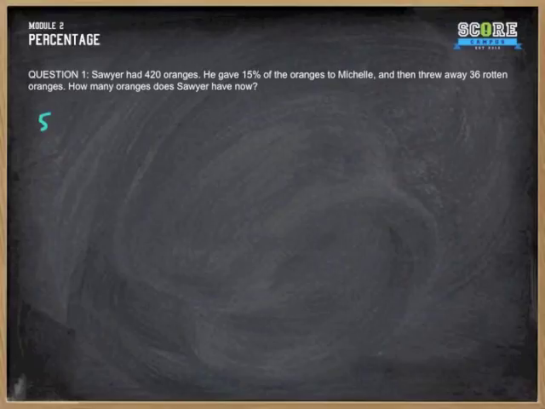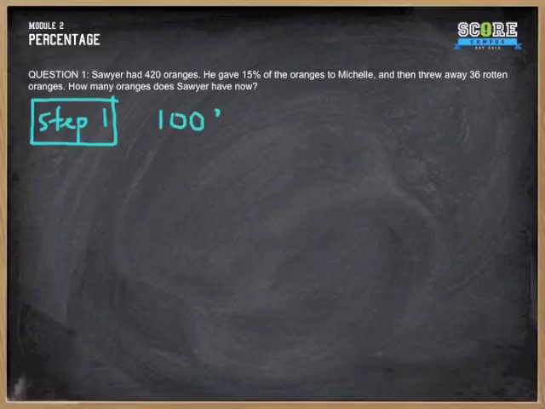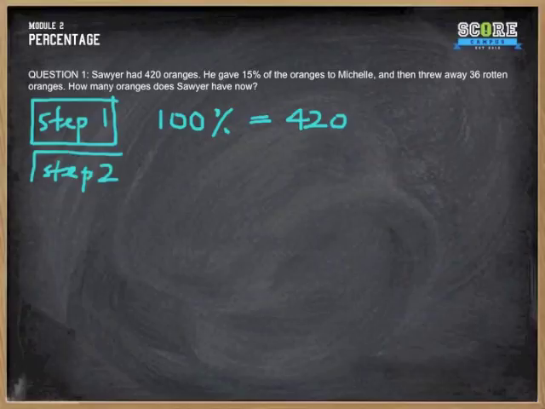Okay, so let's do the first step. Step number 1 is to identify the fact that the whole is 420 oranges, which means 100% is equal to 420 oranges. That is step 1. Then what is step 2? Step 2 is to think about what 1% is going to be.